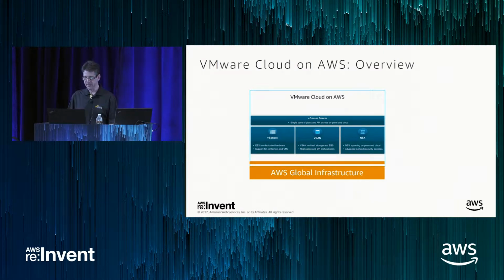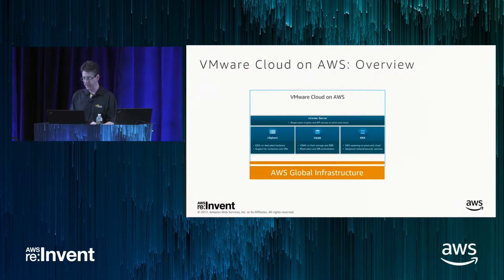So vSphere is the basic virtualization platform with support for ESXi virtual machines, and it's what all of you who are running VMware on premises are currently using. vSAN is VMware's storage environment. I'll talk a little bit about how we've implemented vSAN in the VMware Cloud on AWS offering. And NSX, of course, is the software-defined networking portion from VMware that we have running on AWS.